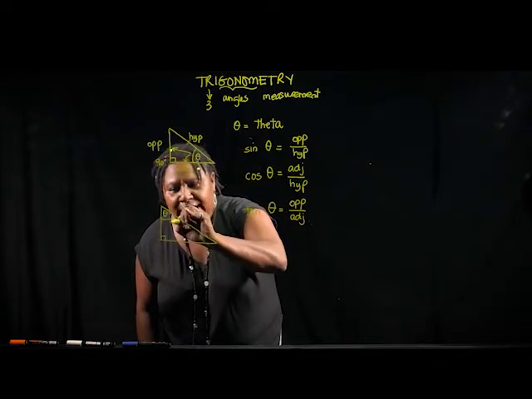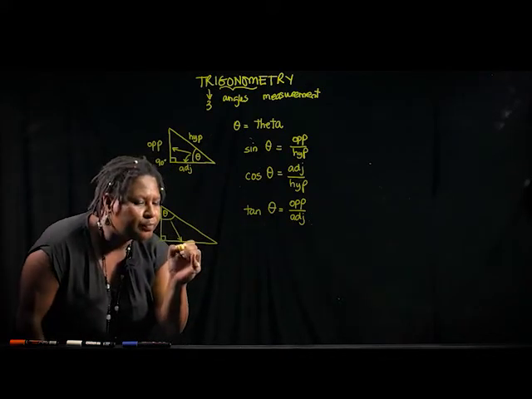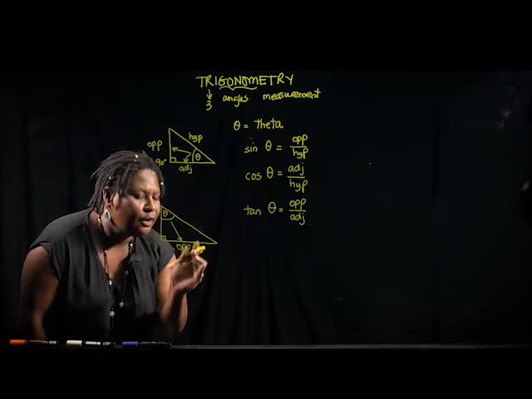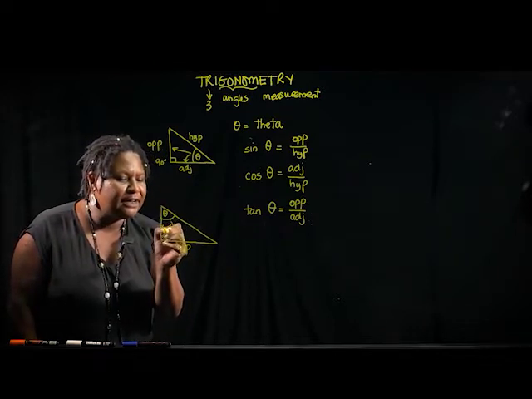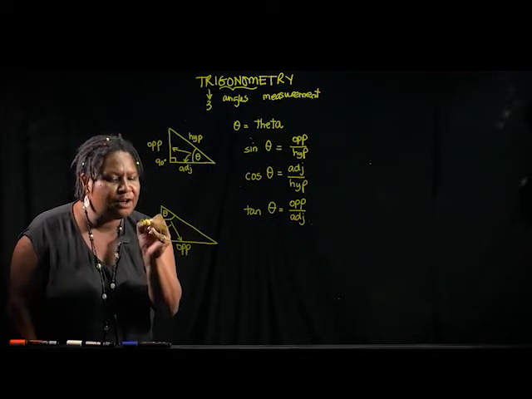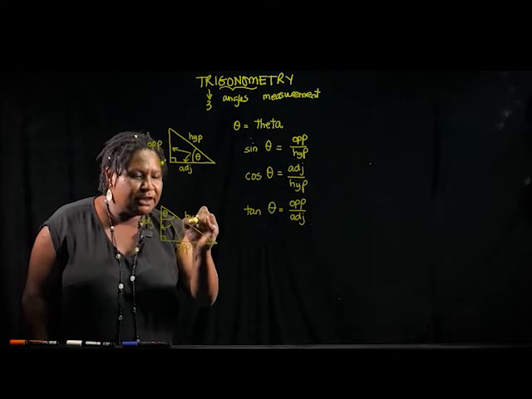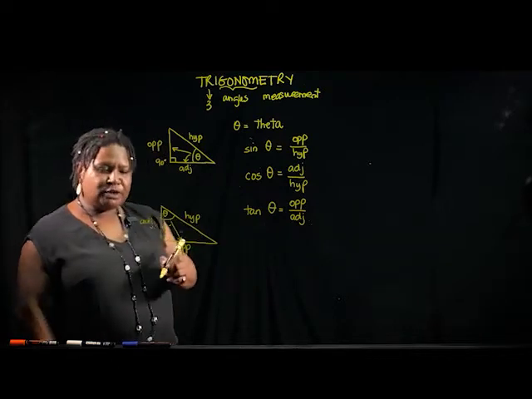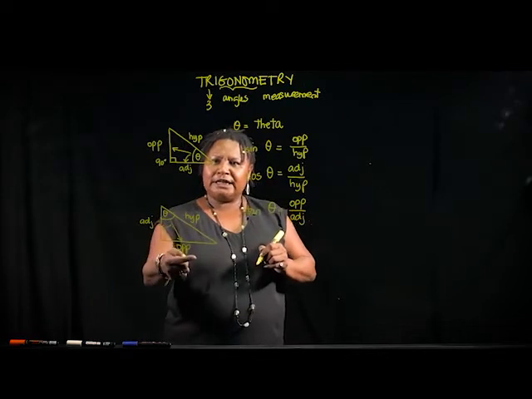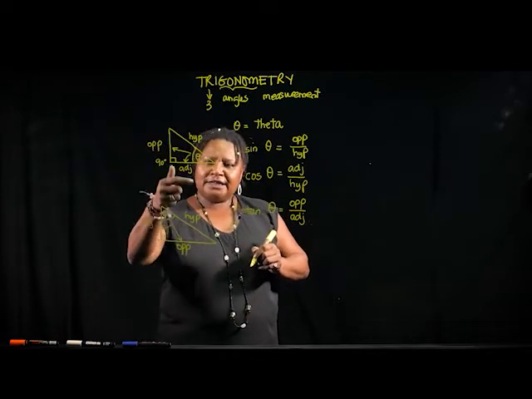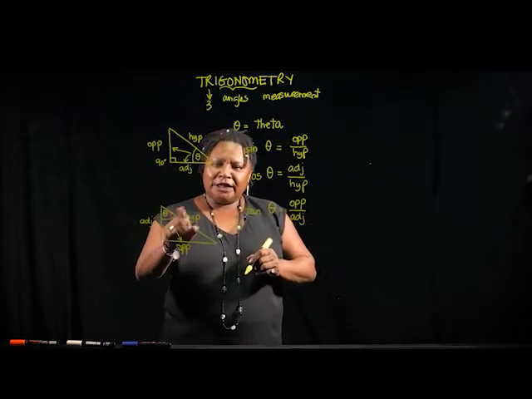So the side opposite theta is now this one. The side next to theta is now this one. And of course, the hypotenuse does not move. It's always the long side. So now you can see adjacent and opposite depend on where the angle is.